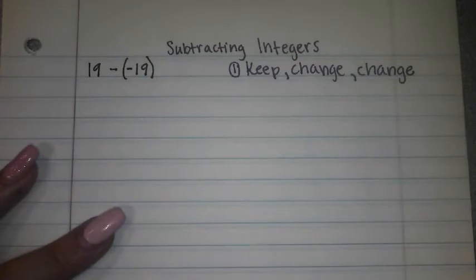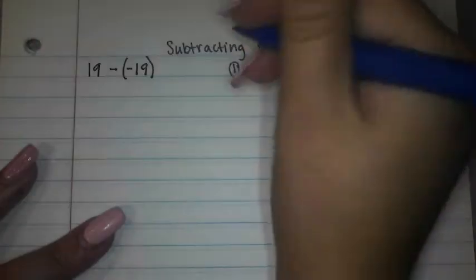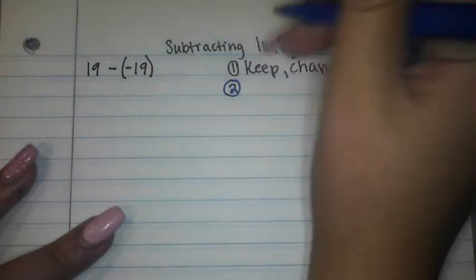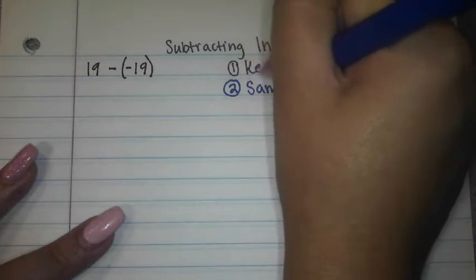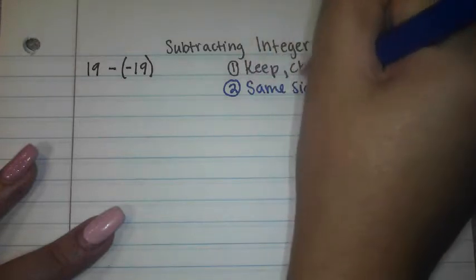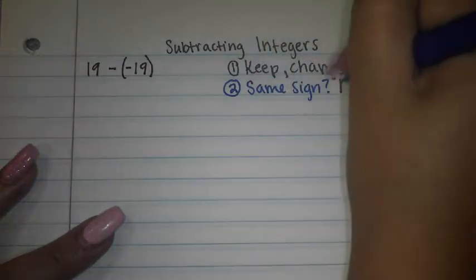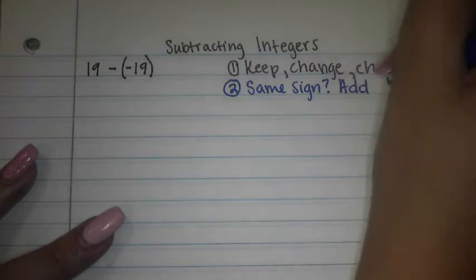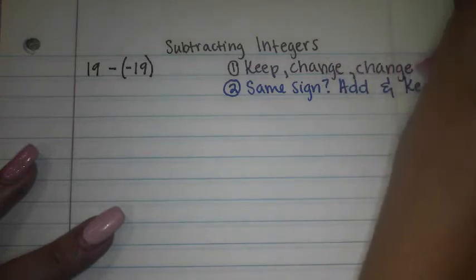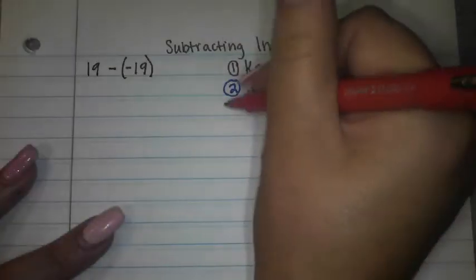Then you're going to do your second step, and that's where you ask yourself, after you've done keep, change, change: same sign? We're going to add and keep. Different sign?